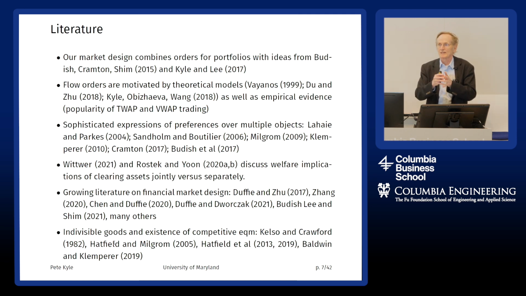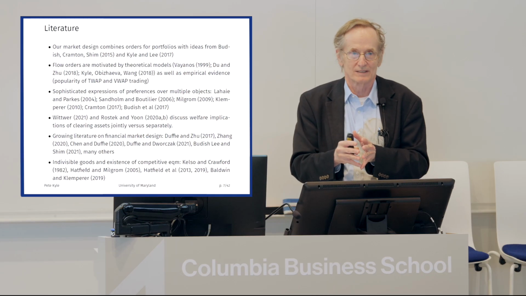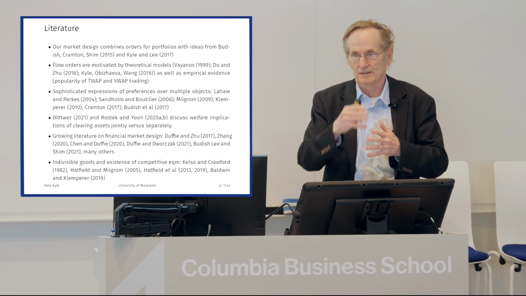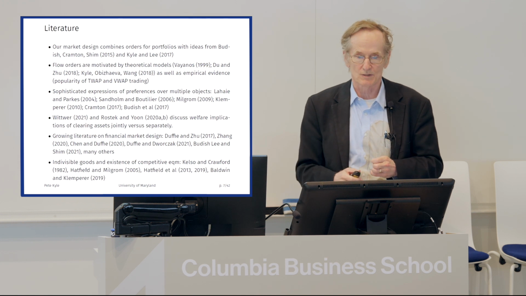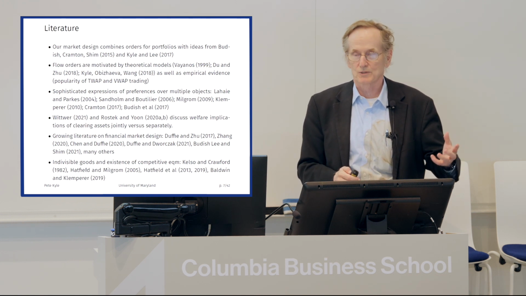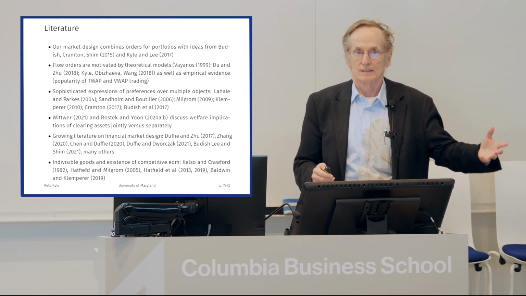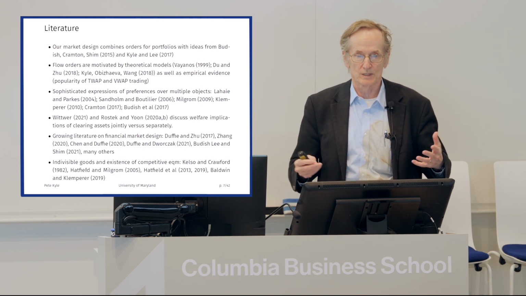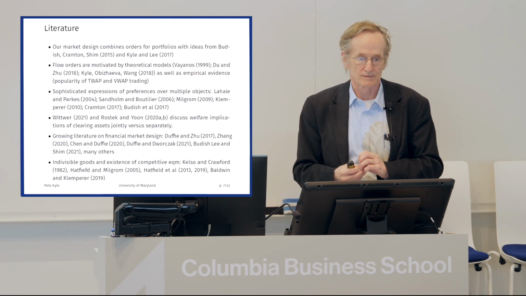But their paper justifies infrequent batch auctions, and we're trying to justify very frequent batch auctions. We suggest having auctions for single assets occurring every millisecond, but emphasize the infinite divisibility of prices and quantities as being important. Budish, Cramton, and Shim have their version of it as well. So that's where frequent batch auctions come from.